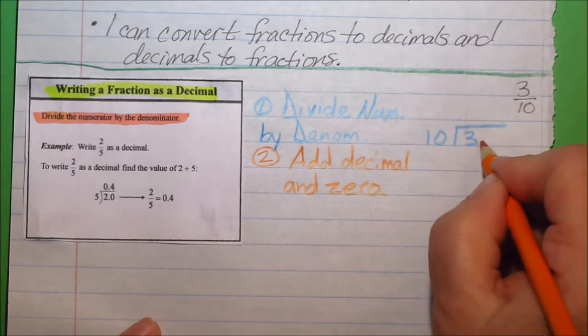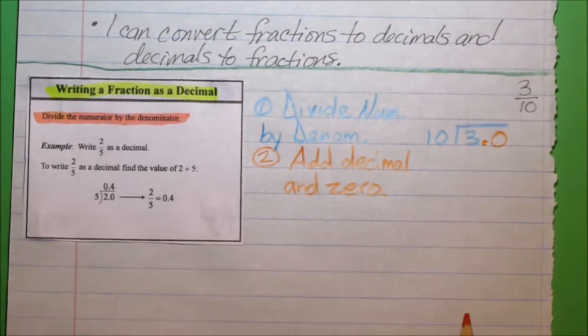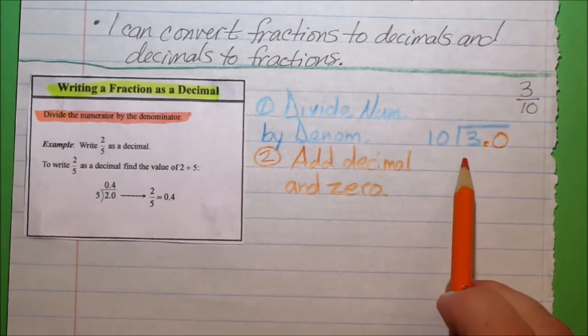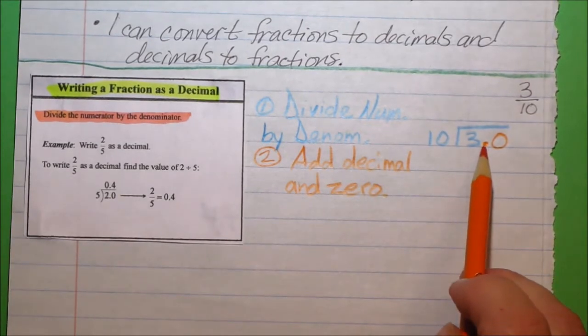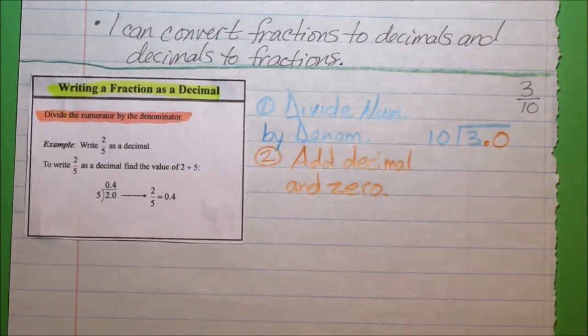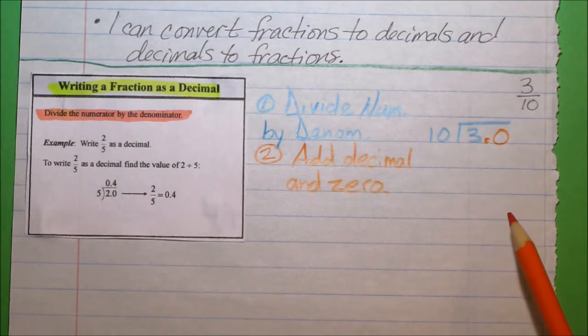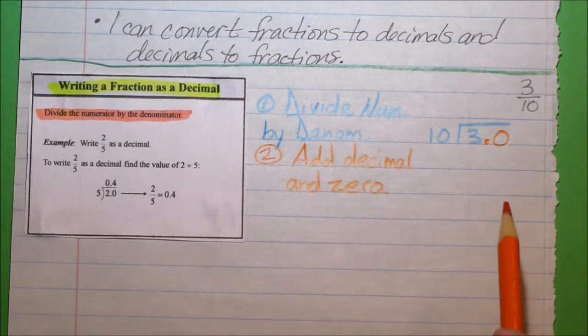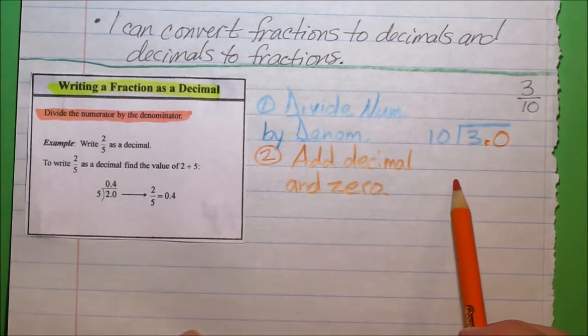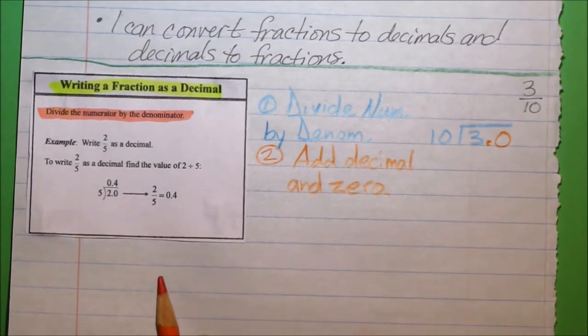But I can put a decimal here and a 0 here, and it doesn't change the value of this 3. Remember, anytime I put a decimal after a whole number and only add 0, it doesn't change the value of the 3. 3 and 0/10 is the same thing as 3. But what I can now do is think of this decimal problem as 10 divided into 30. And that I can do.